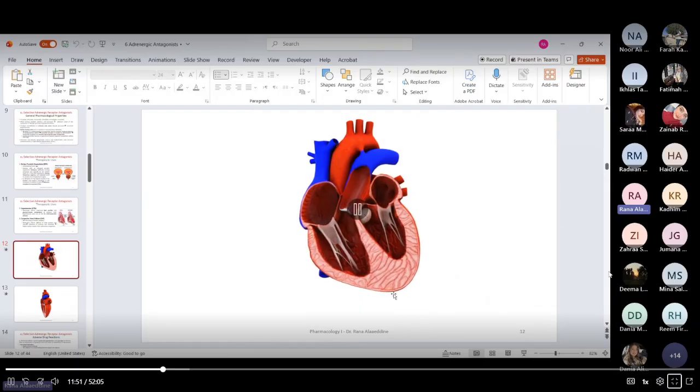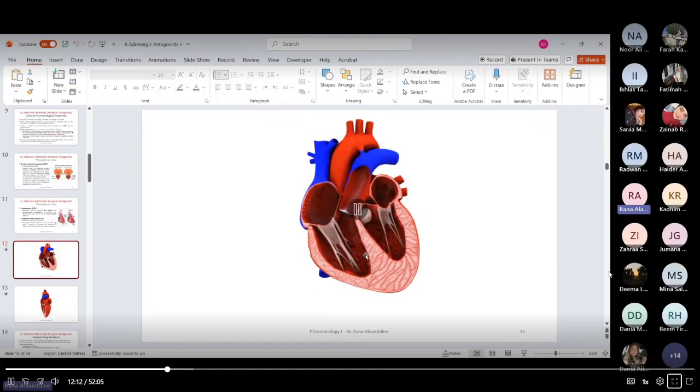So guys, when a patient's heart is failing, the heart cannot pump. The heart is weak. So what is one solution? I need to decrease the load on the heart. I need to make the heart more relaxed or less loaded.